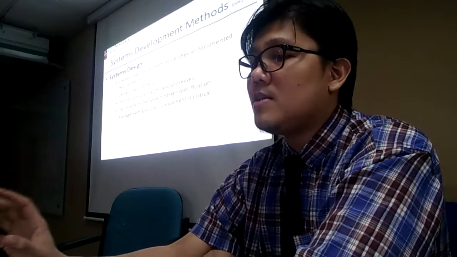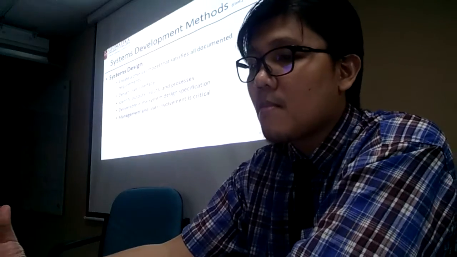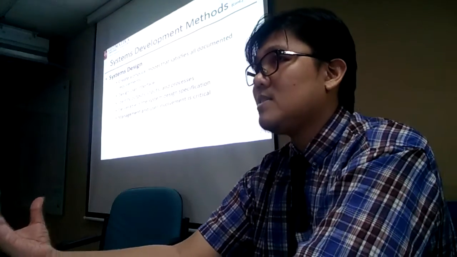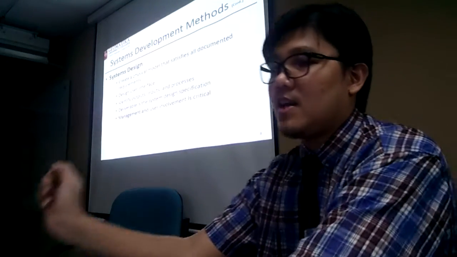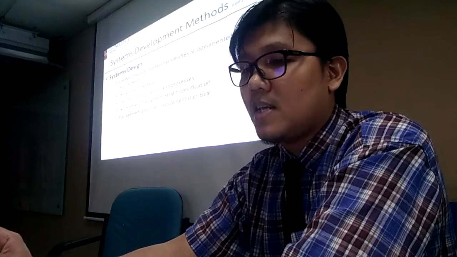Create a physical model that satisfies the documented requirements previously. Then we design the user interface here. In HCI class, we tried to design sketches already, right? So those are among the steps in system analysis and design.